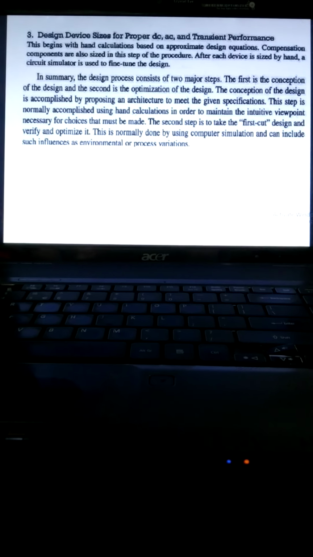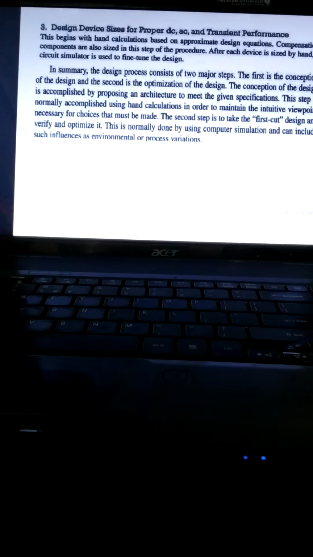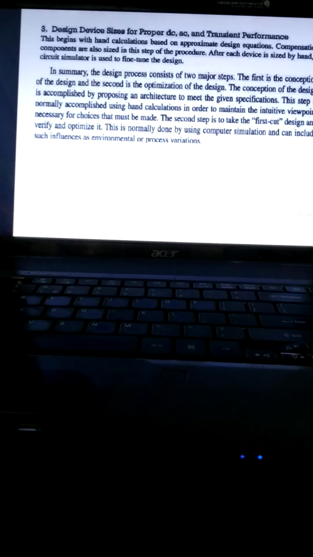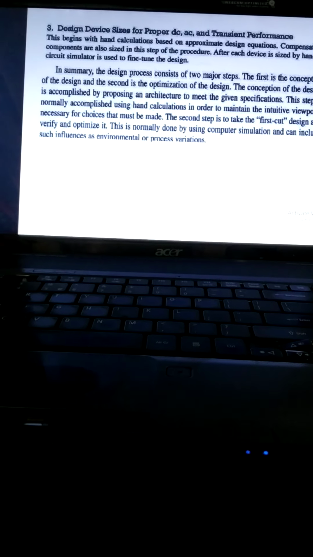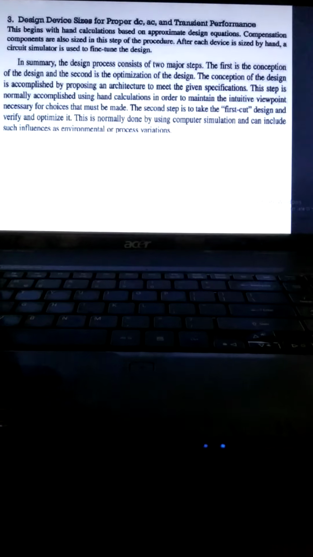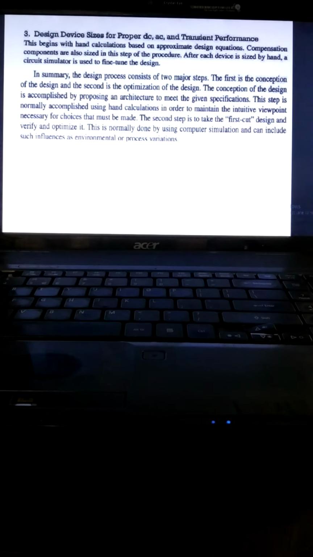The second step is to take the first-cut design, verify it, and optimize it. This is normally done by computer simulation and can include influences such as environmental or process variation. So this is the complete design of an op amp.